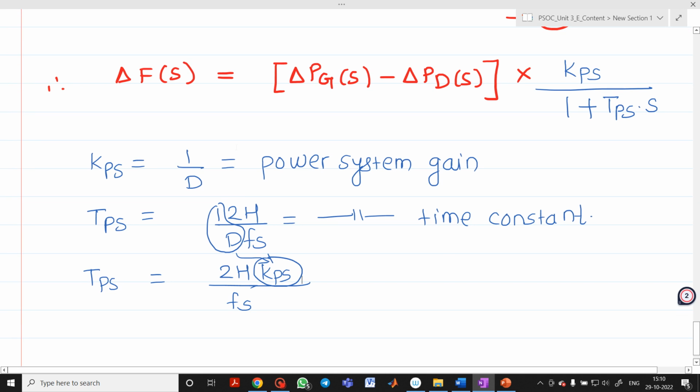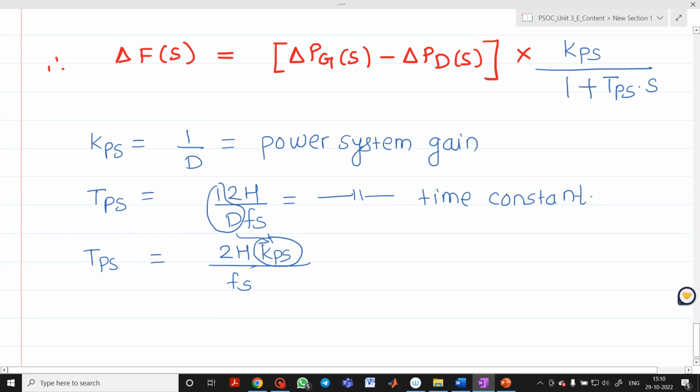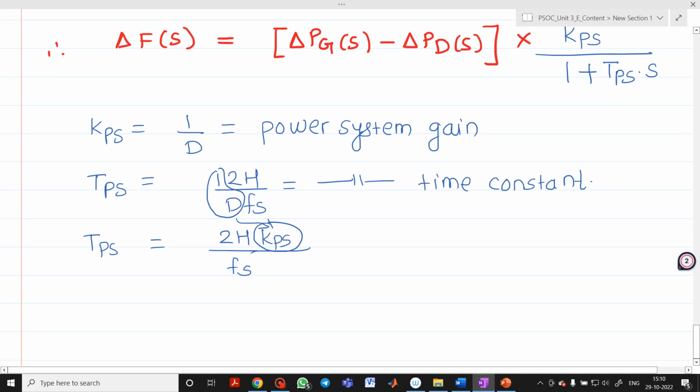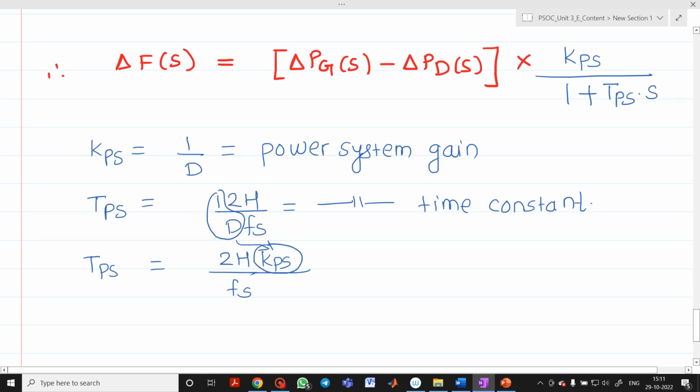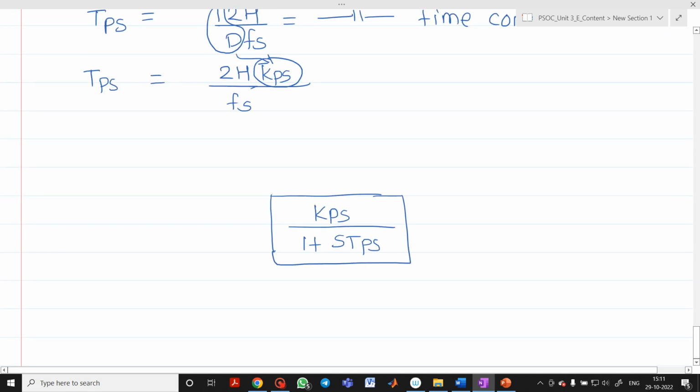Now based on the above equation, I'm trying to draw a block diagram here. How will I draw this block diagram? I will get Kps upon 1 plus s into Tps. This is your power system transfer function. Now, delta Pg of S is there, delta Pd of S is there, one is plus, the other is minus.